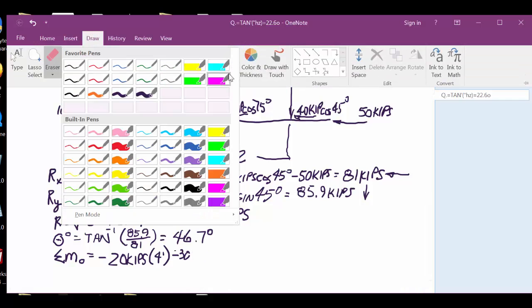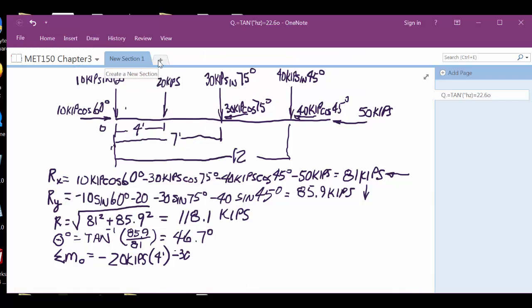This one I think I definitely would run out of room. So 30 kips sine of 75 times 7 feet, right? And that was in the original picture. That was 4 feet to 20 and then 3 feet to 30, therefore it's 7, right?